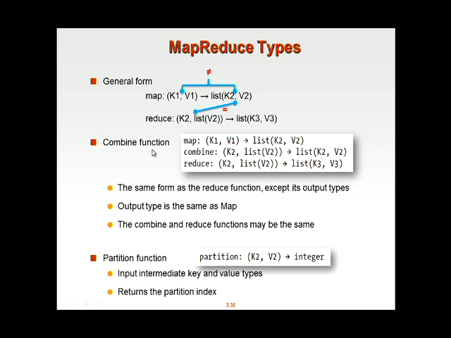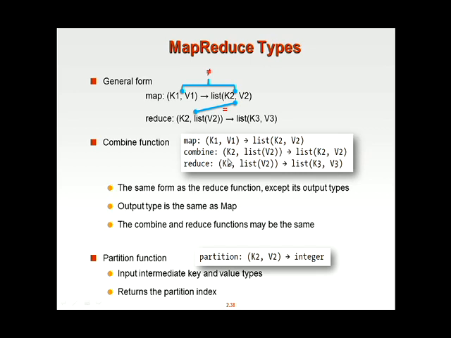And considering the combiner function, remember that it performs similar tasks to a reducer. So it takes the mapper output as input. As a result, the key format must also be the same as the mapper output key, and the input value must be the same as the mapper output value.